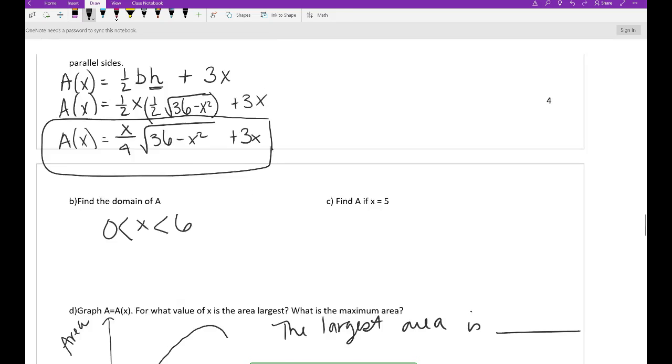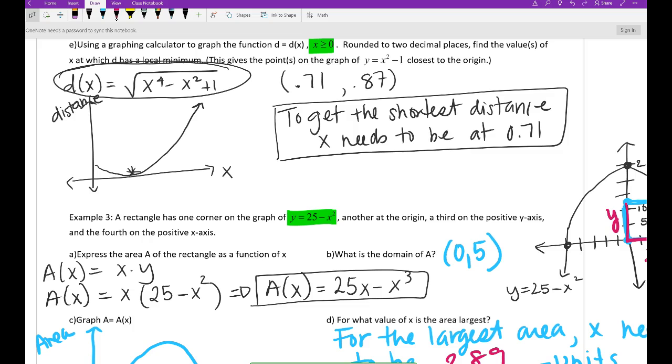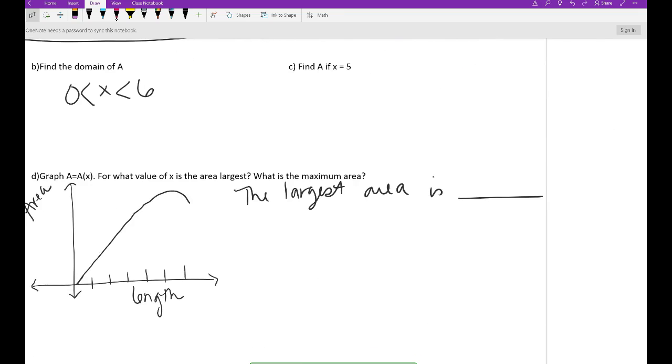What was the unit of measurement? That was the feet. Thank you. The largest area is blank feet square when x is blank feet. You fill that in.